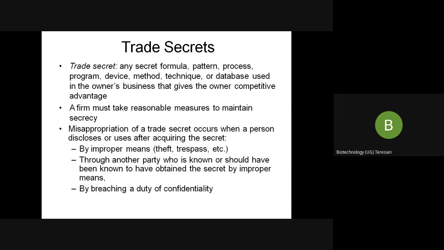By improper means, that is, by theft or by trespassing, etc. By other improper means, they can acquire your trade secrets either by threatening you, or if you have any written documents of that particular ingredient you have made, taking it away from you without your knowledge, or through another party who is known, or should have been known, to have obtained the secret by improper means, by breaching a duty of confidentiality.